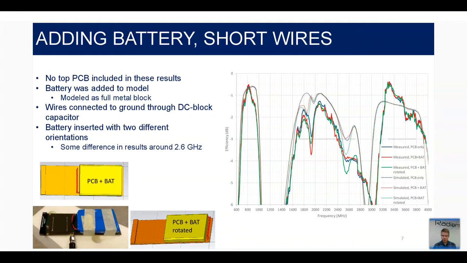But now that notch is a little bit deeper due to the antenna mismatch, or it's detuning a little bit there. But then also in the green case, so when the battery is rotated, both simulation and the measurements, we can see that around 2.6 gigahertz, there's a notch in the efficiency. So again, between these 2 cases, the case where the battery is not rotated would be a little bit better.